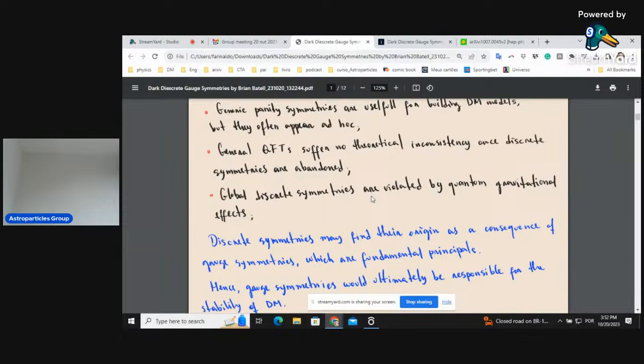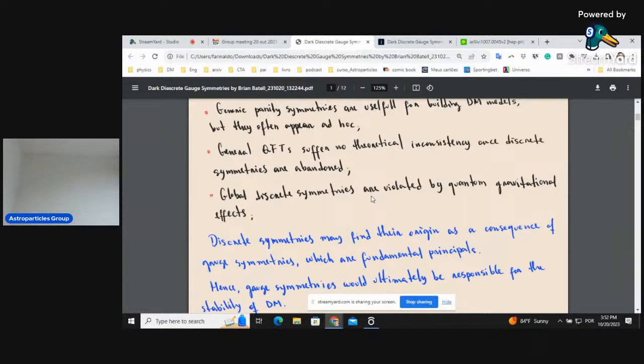But in these models, we can have semi-annihilation processes. And this process is basically, for example, if my dark matter particle is a scalar, I could have something like this. But it doesn't need to be a scalar, it could be another particle.